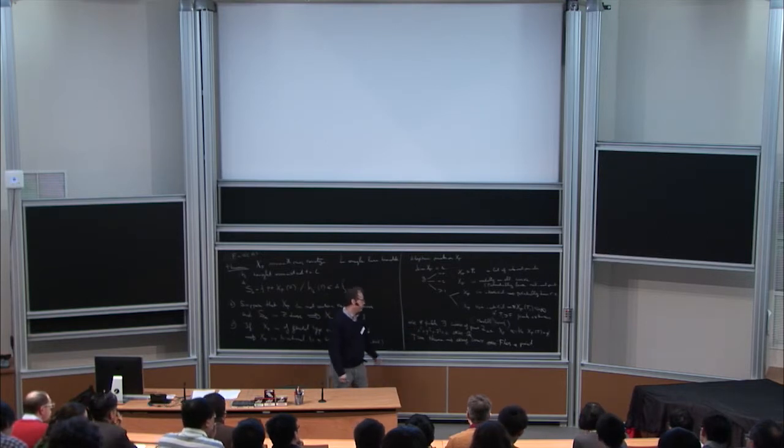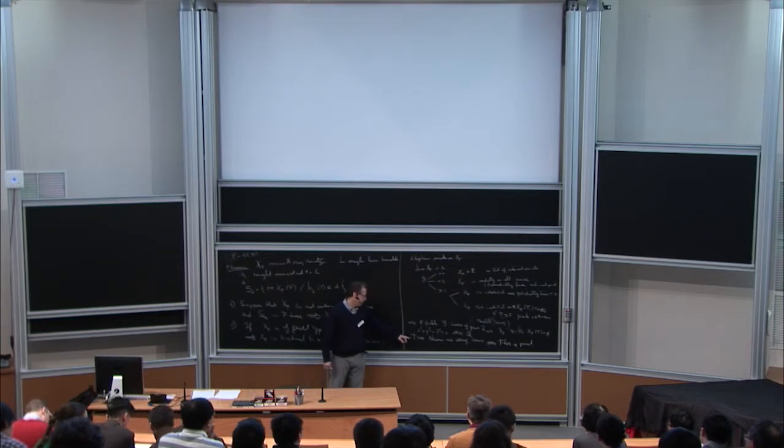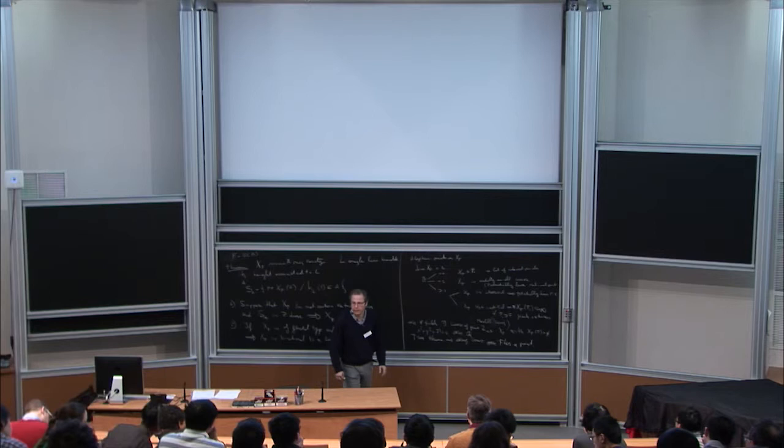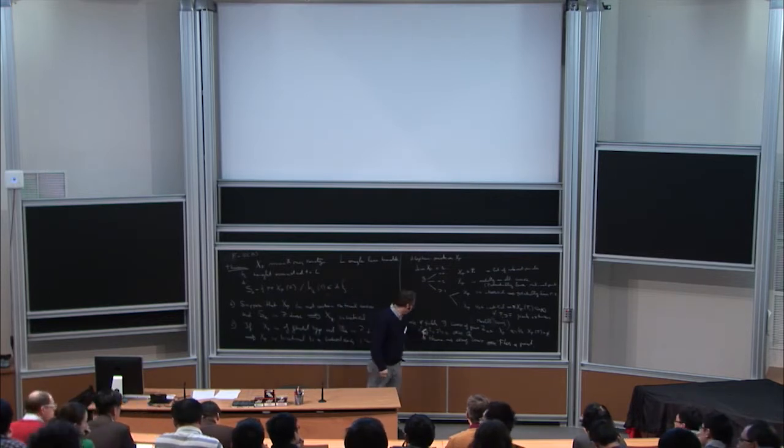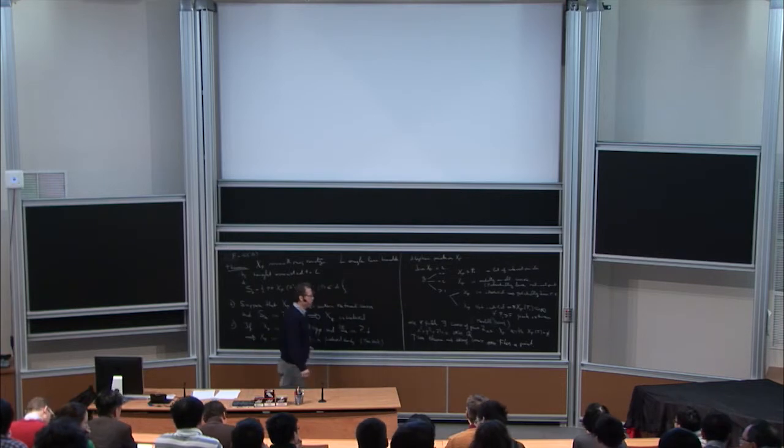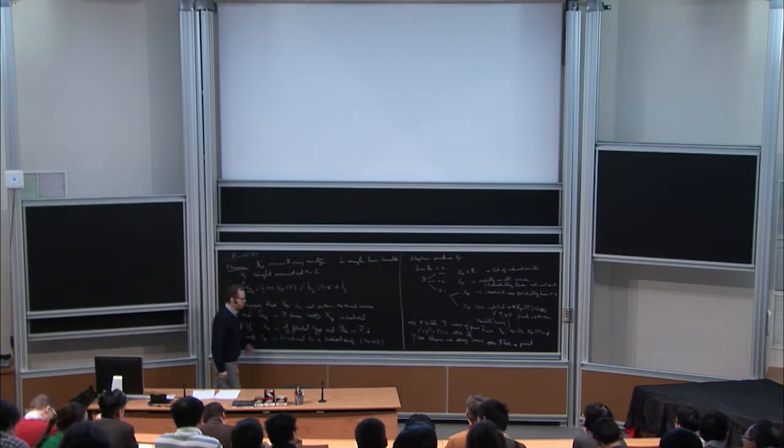So there is something to understand about why in the function field case you always have a point, and in the number field case it is a question. In the number field case you can have something which is not P1.